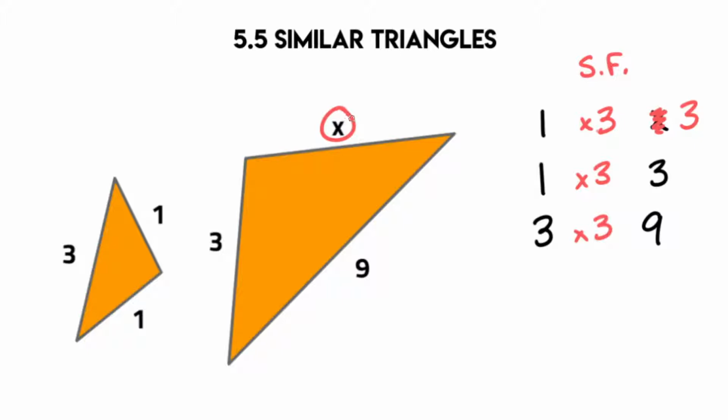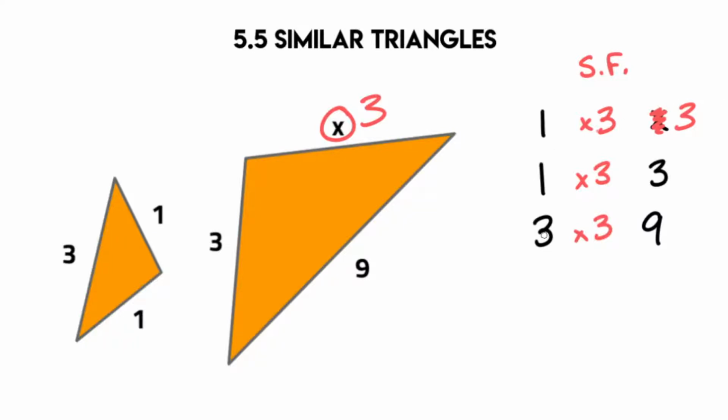So my missing x value up here would be the number 3. So the two triangles are 1, 1, 3, and after being scaled up by 3, tripled in size, we have 3, 3, 9.